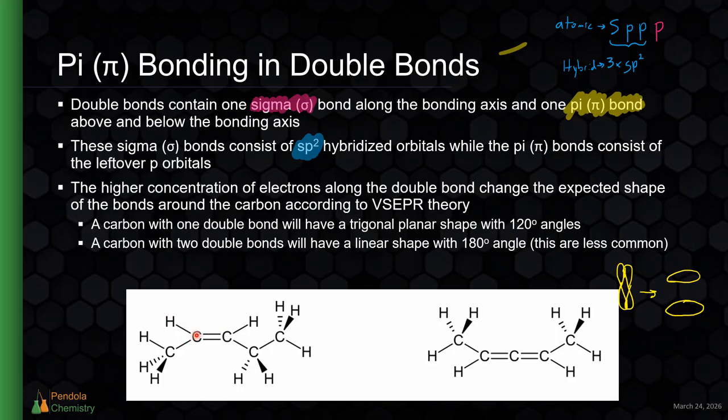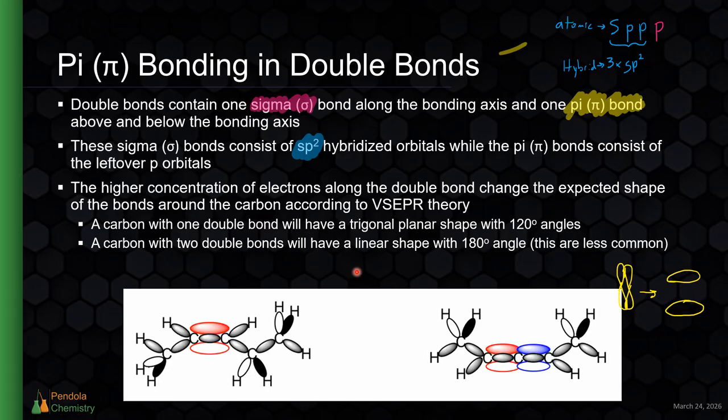We see this triangle shape instead of tetrahedral. Why? Because of the pi bonding. And it's the same thing here with any carbon that has 2 single bonds and a double bond. Now, if a carbon does have 2 double bonds like this one right here, then that is going to give you a linear shape because of the pi bonding.